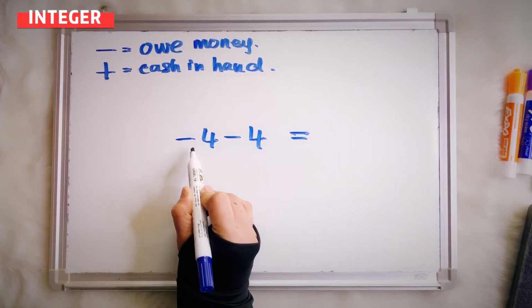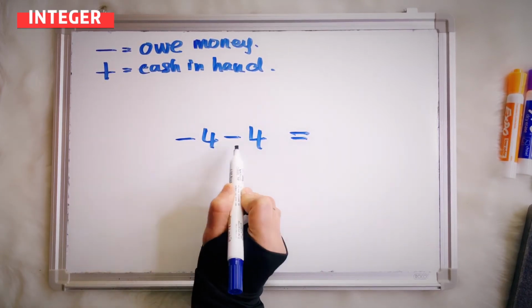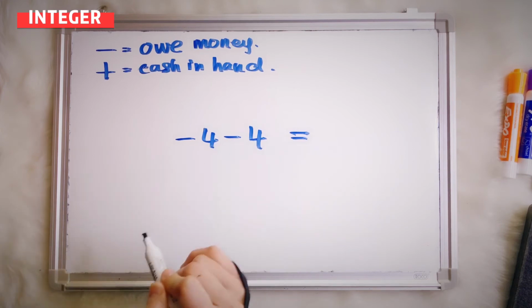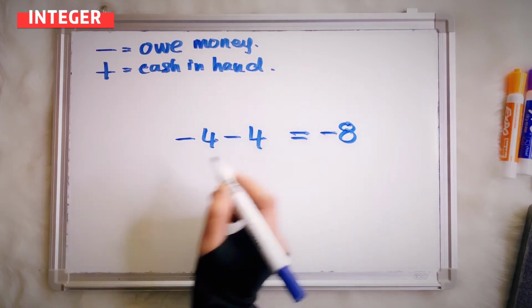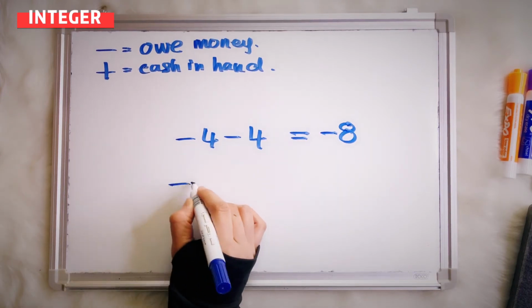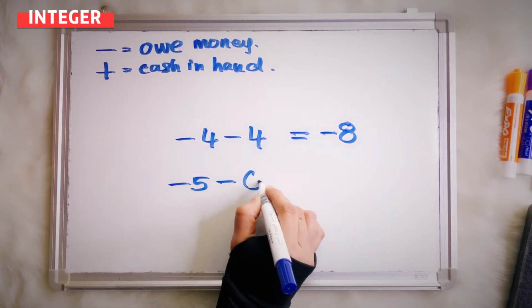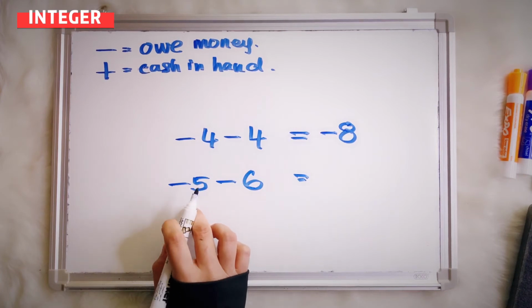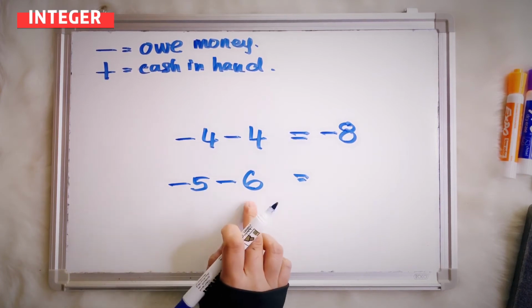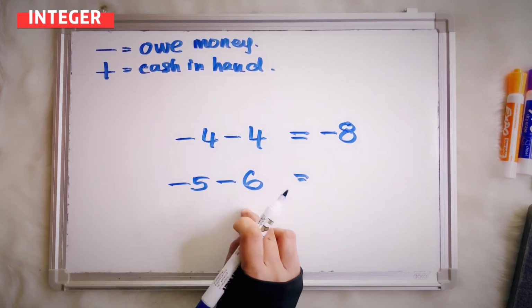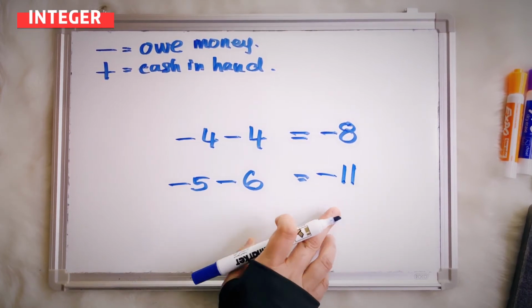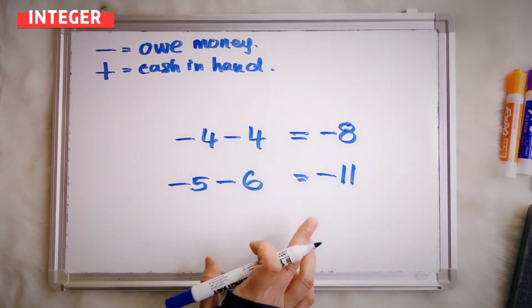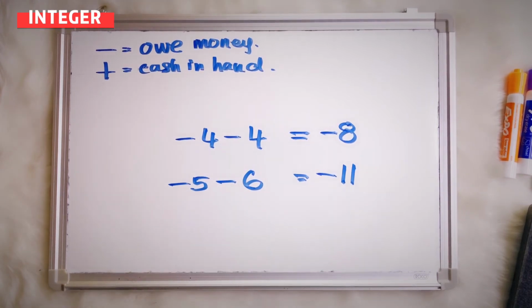So you owe me $4 and you owe me $4. So you will have negative 8, right? Negative 5 and negative 6. So you owe me $5 and after that you owe me again $6. So you will have total now negative 11. Okay?